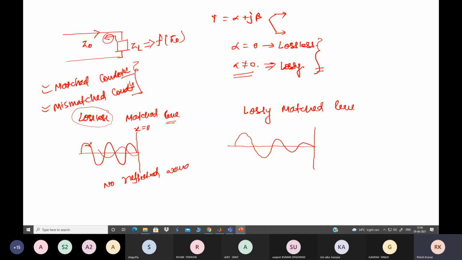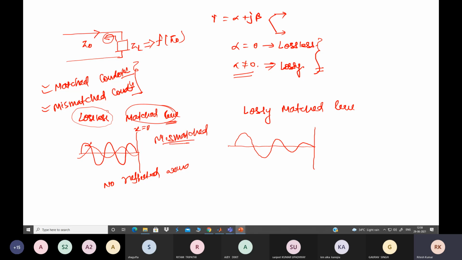So like this. Now see here, since it is lossless, therefore magnitude is maintained constant. Since it is the matched one, we cannot observe this situation, sorry, we are discussing for what? Lossless and mismatched condition, not matched condition. This is for mismatched.